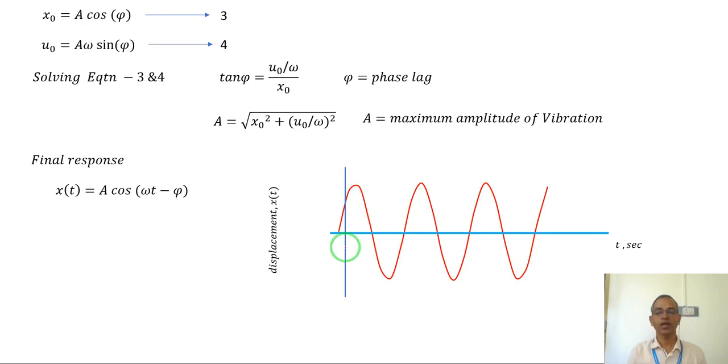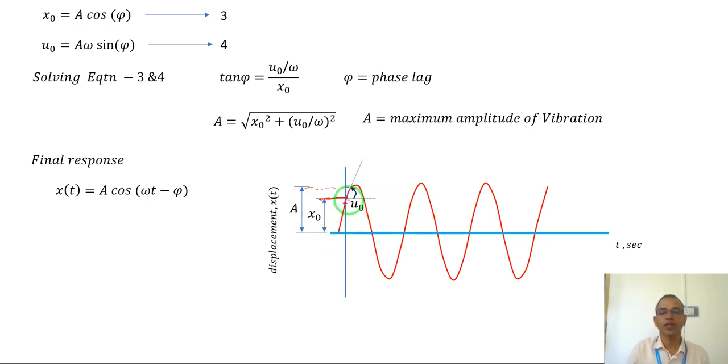If you look at the different parts of this curve, A is the maximum amplitude, which is the square root of x naught square plus u naught by omega square. Then the intercept of this curve on the axis is x naught, which is the initial displacement given to the system.